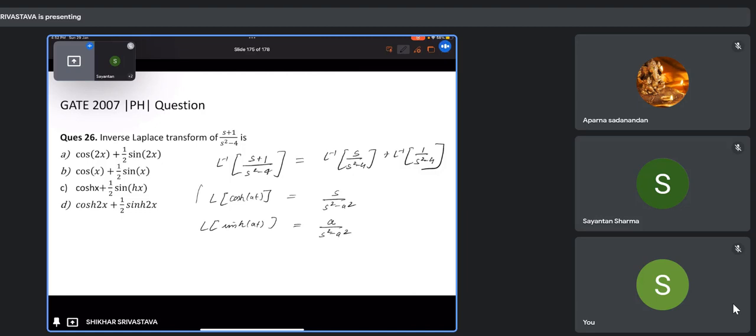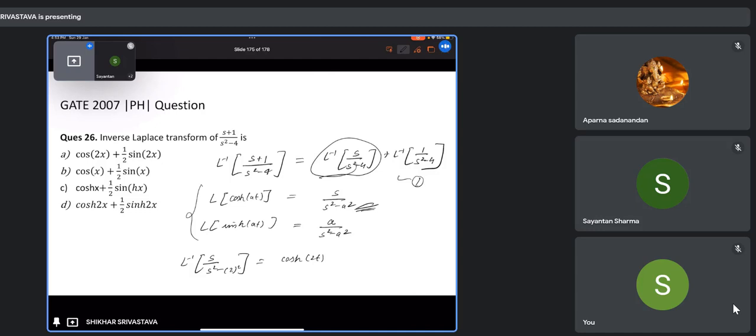So you just use these two properties in equation 1. Your Laplace inverse of s upon (s square minus 2 square) is nothing but cos hyperbolic 2t. That is your first term.